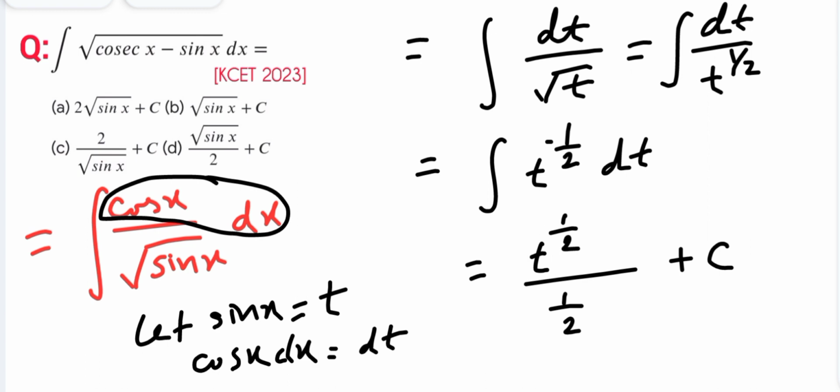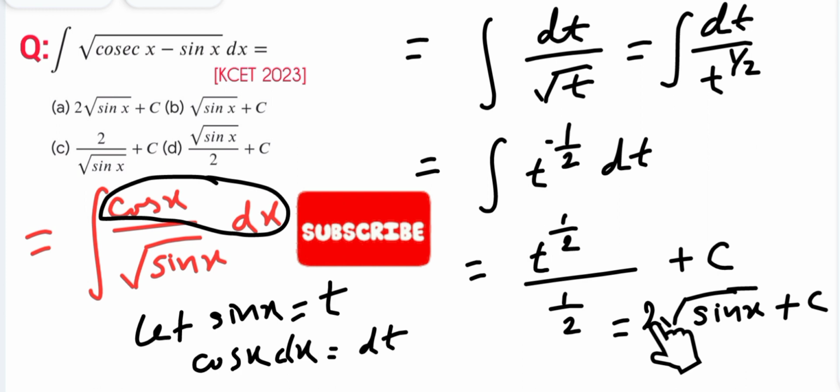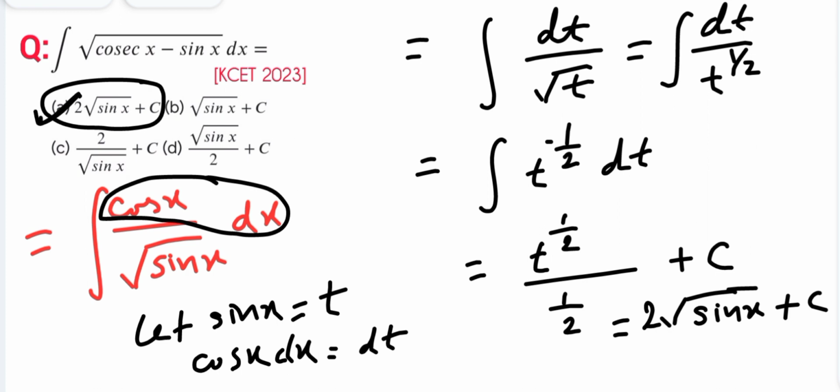Now just replace the t value with sin x. t to the power half means root over t, so root over sin x, because we assumed t as sin x. And this 1 upon 2 when it goes up will become 2. So we got the answer as 2 root over sin x plus c. So option A is the correct answer.